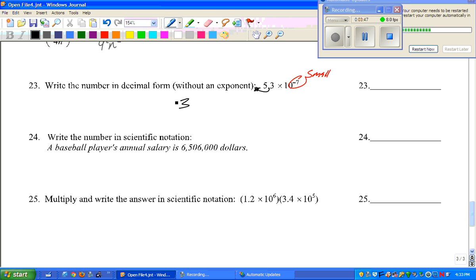So that was 1, 2, 3, 4, 5, 6, 7, okay? So you should have 1, 2, 3, 4, 5, 6 zeros, and then 53. So that's the number that it's talking about. Anytime it's got a negative exponent, that's talking about a really small number. Okay?